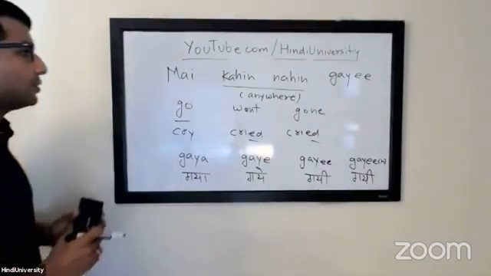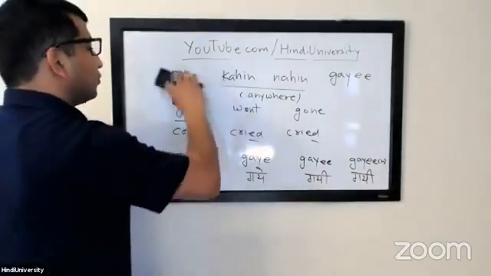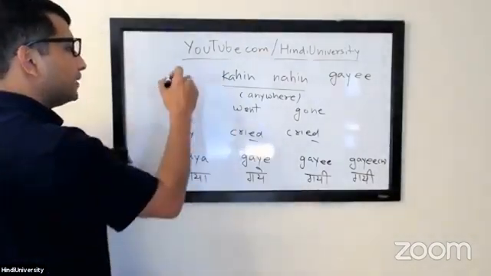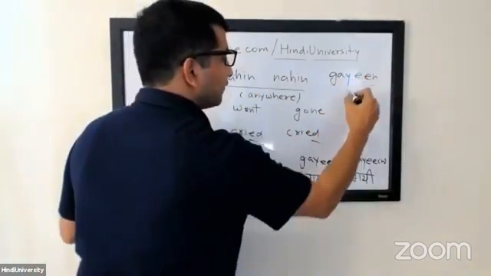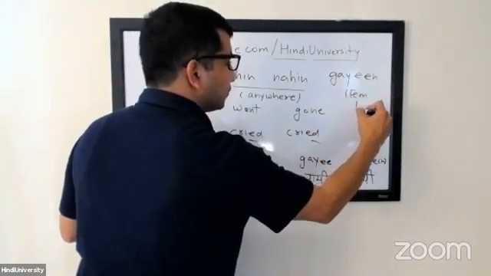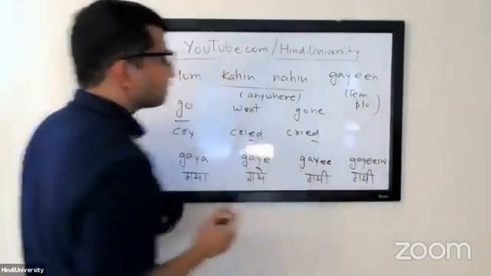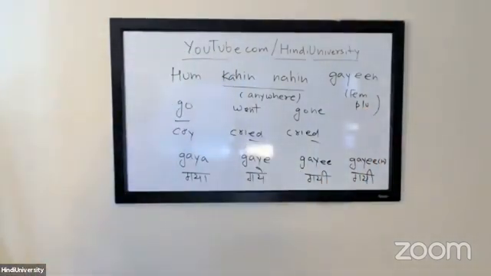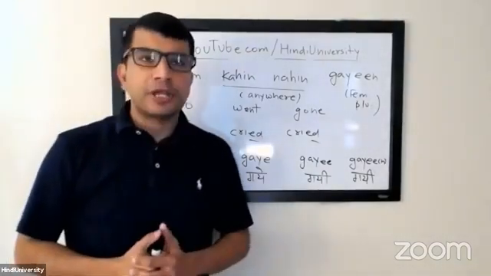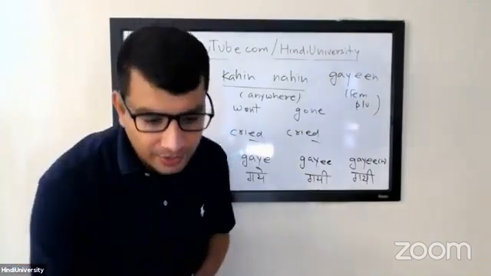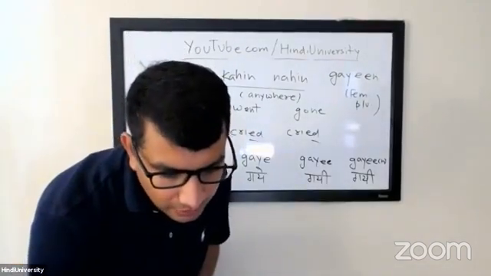Similarly, for only a group of women, you say हम कहीं नहीं गई, feminine plural, or you can use the name of the place. I want to give all of you some time to think about where else you can use it. This time I want you to participate.